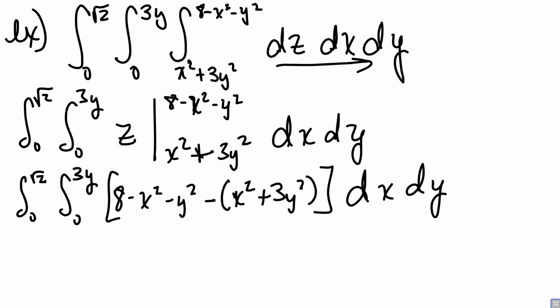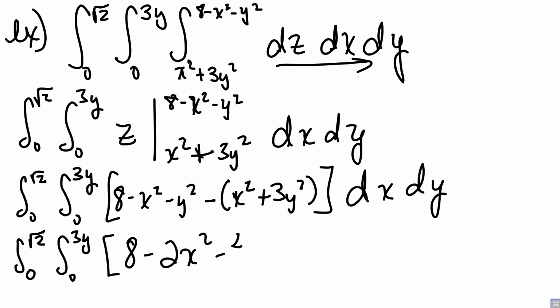Okay, so if we clean this up, we have the integral from 0 to the square root of 2, integral from 0 to 3y of 8 minus 2x squared minus 4y squared dx dy. Any questions so far?